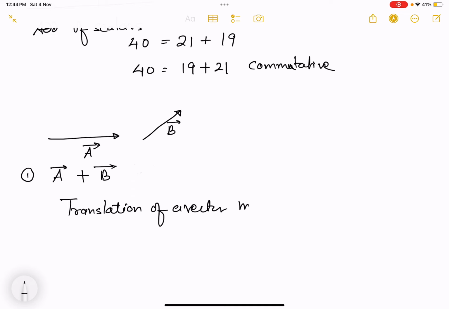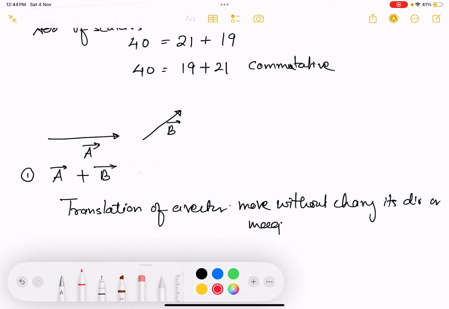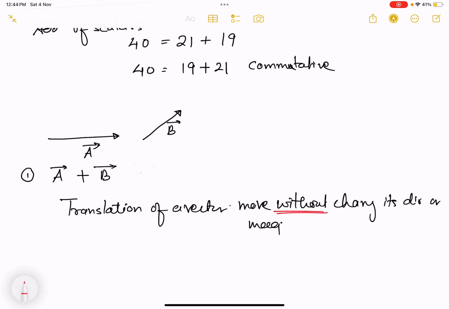You move a vector without changing its direction or magnitude. The important word here is without. You don't have to change its direction.